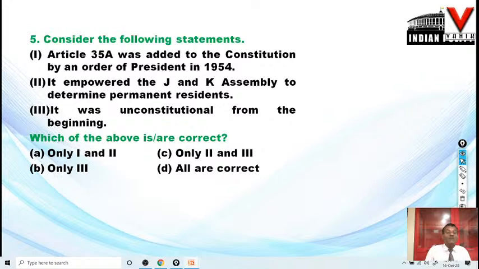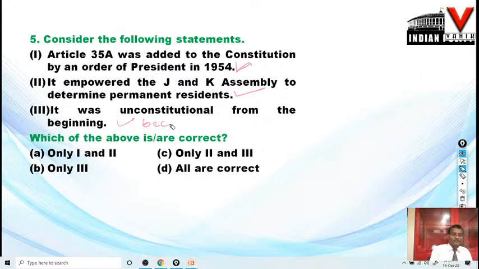Hence it was termed unconstitutional, and many NGOs and civil societies were demanding the abolition of Article 35A because it provided special provisions for permanent residents. It empowered the J&K Assembly to determine permanent residents. Yes, it was unconstitutional from the beginning.